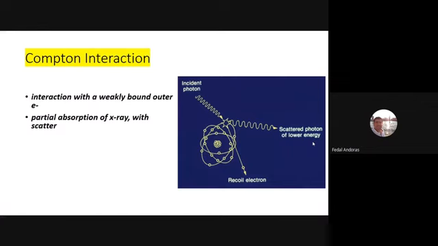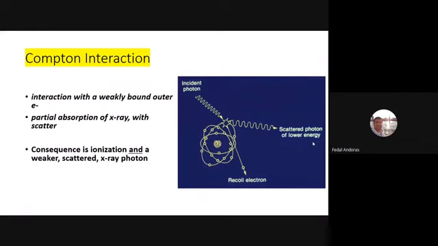And we will talk about scattered radiation and the effect of scattered radiation on the film, on the patient and on the operator. So it will be partial absorption of X-ray with scatter. The consequence of Compton interaction is ionization and a weaker scattered X-ray photon.